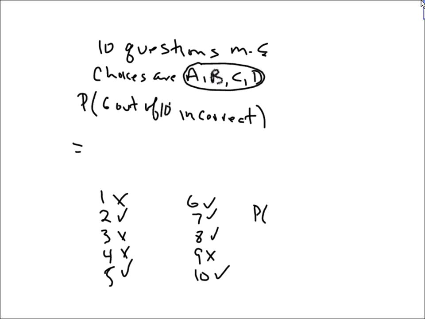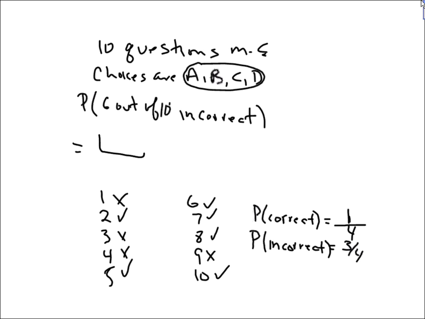Well, the probability that you are correct, well, there are 4 choices to pick from, A, B, C, D, and only one of them is correct. The probability of being incorrect will be 3 out of 4 times you'll be incorrect if you randomly guess.